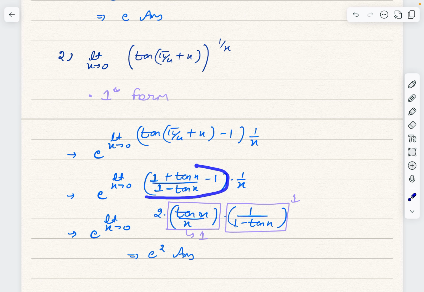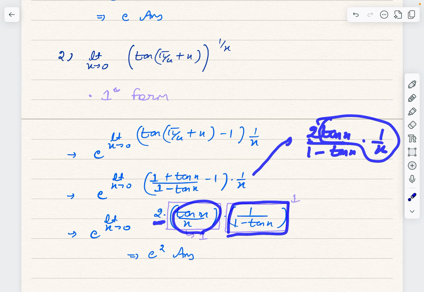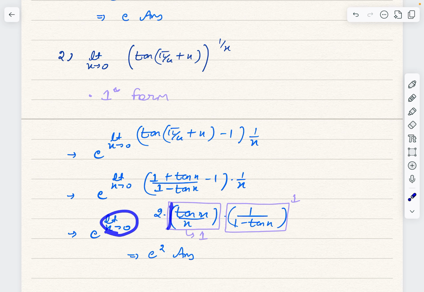Now when you take LCM, you get 2 tan x by (1 minus tan x) into 1 by x. So I'll just rearrange here. Take 2 outside, take tan x by x, and 1 by (1 minus tan x) as it is. So limit x tend to 0, tan x by x will be 1, and here if you put x as 0, we also get 1 only. So the final answer will just be e square. I hope it is clear, guys.